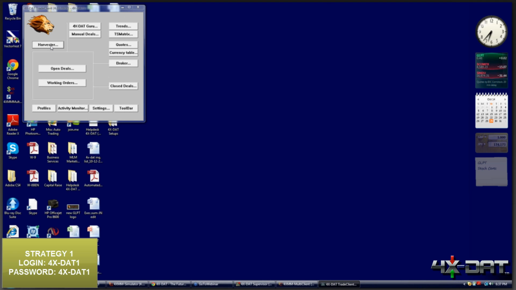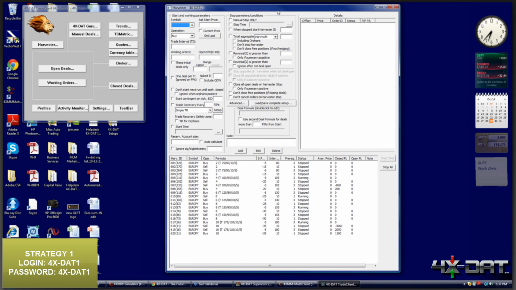The first thing we want to look at is the harvester. We see that the symbol being employed here is pound yen, where again we started on July 28, 2013. The initial balance was $100,000. This is a fairly high risk strategy, being that we do not use our proprietary zone recoveries or trade recoveries; this is purely a hedging strategy.